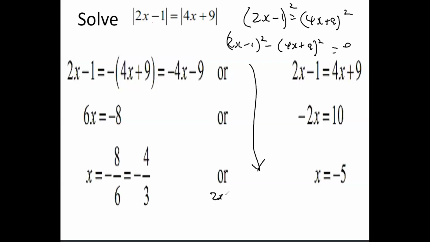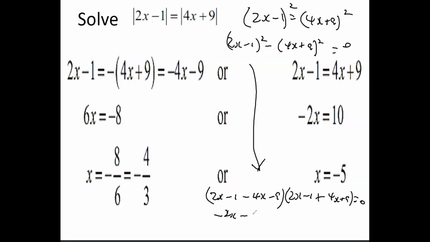Let me bring this down here. So you get 2x minus 1 minus what's in here, so you get minus 4x minus 9, put in one bracket, times 2x minus 1 plus 4x plus 9, right? Equals 0. And you get what in here? Oh gosh, you get some horrible numbers in here. 2x minus 4x, okay, minus 2x.